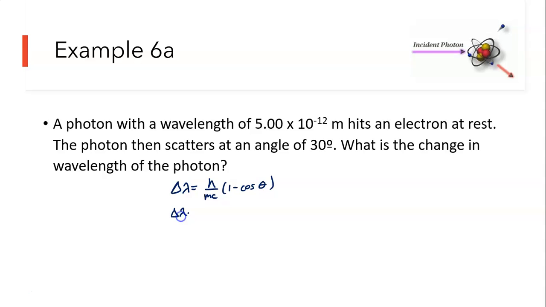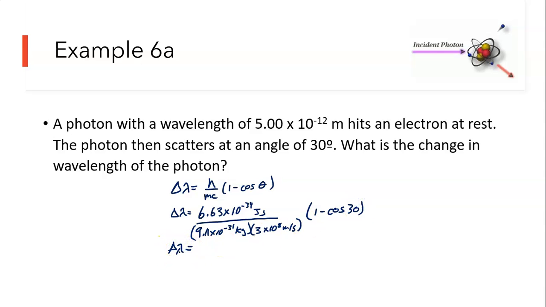We're looking for that change in the wavelength. h will stick with standard units of 6.63 times 10 to the negative 34 joule seconds. The mass is our mass of an electron, 9.11 times 10 to the negative 31 kilograms. c is the speed of light at 3 times 10 to the 8 meters per second. And 1 minus cos 30.